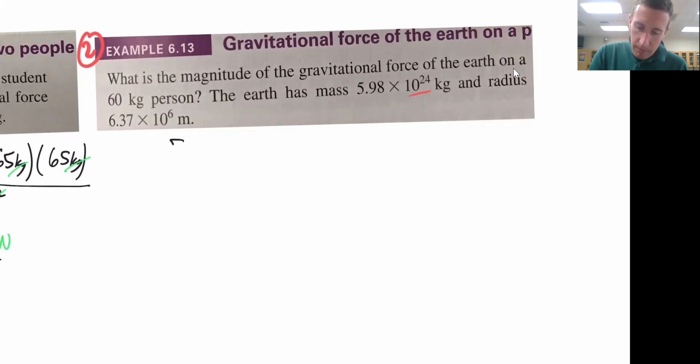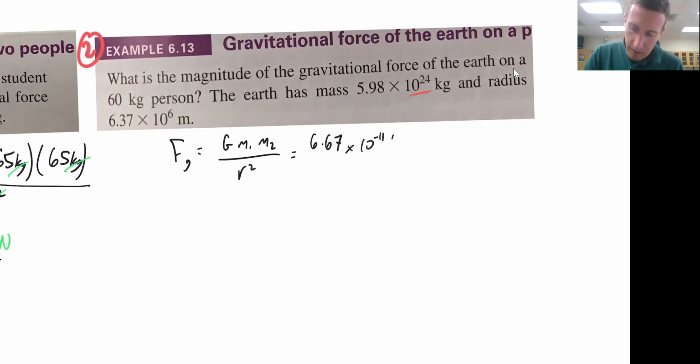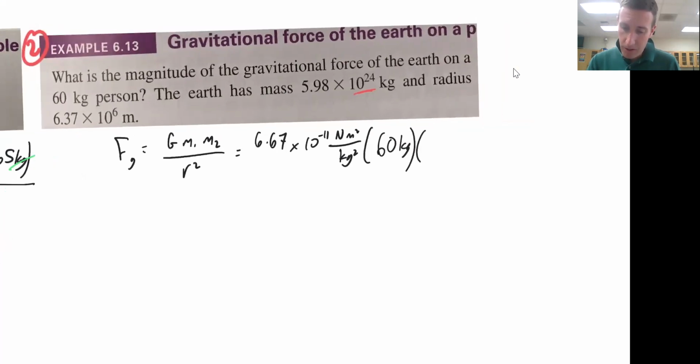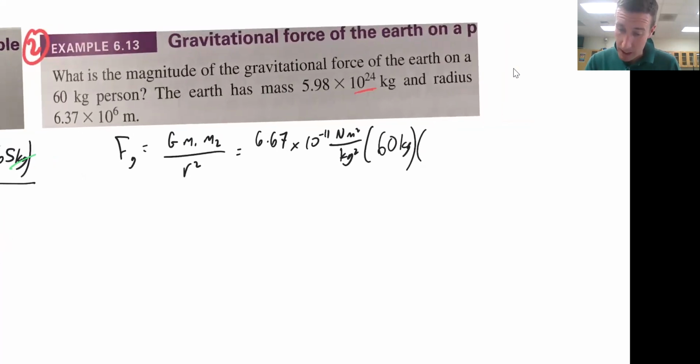Same equation, F sub g equals big G m1 m2 over r squared. 6.67 times 10 to the negative 11th newtons meters squared over kilograms squared times the mass of the first object is the person. The person is 60 kilograms. The mass of the second object is the Earth, which has really been getting heavy recently.